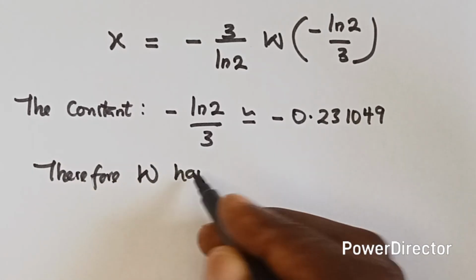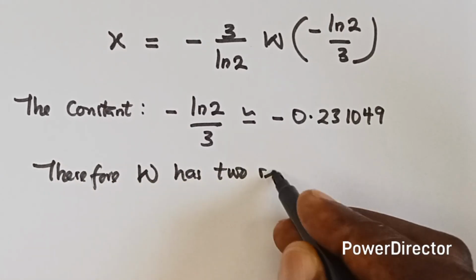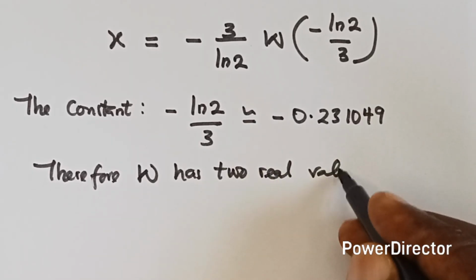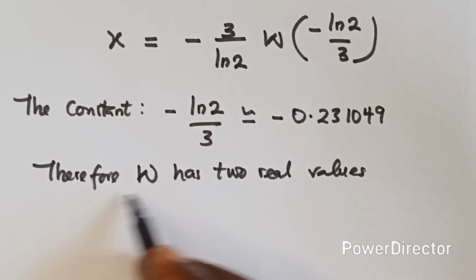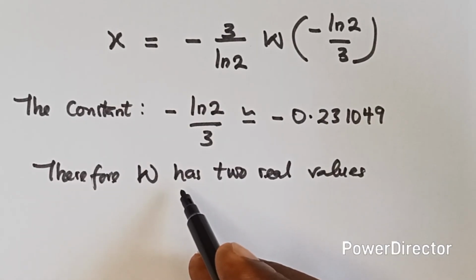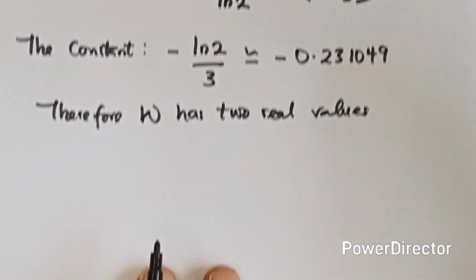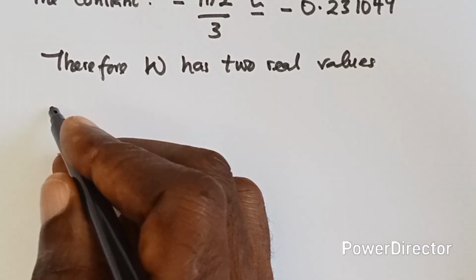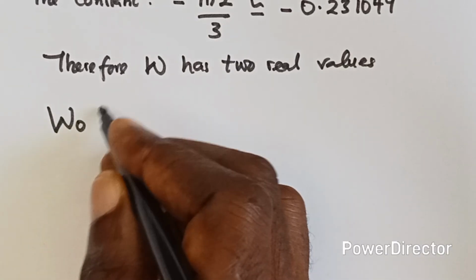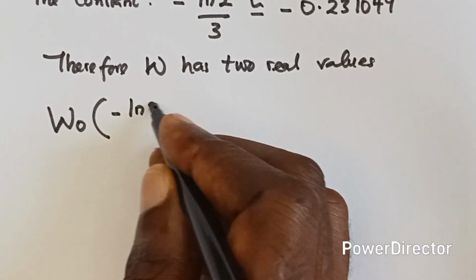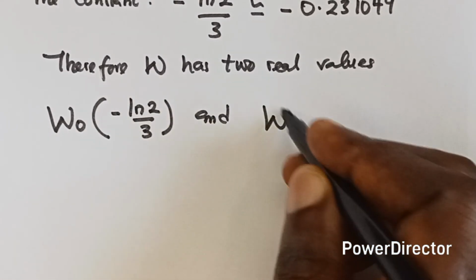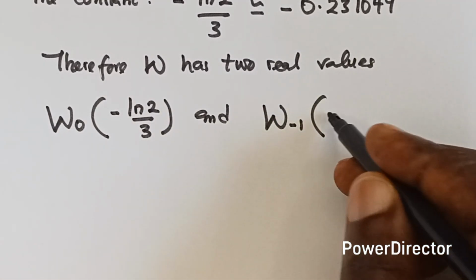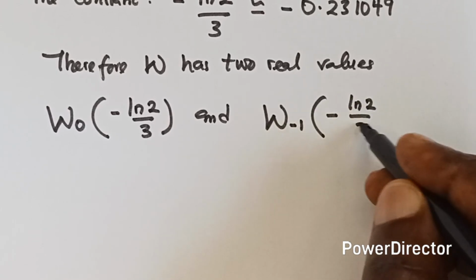W has two real values. Okay, so because this lies between minus 1 and 0, we expect our W to have two real values. Now what are the real values? We have W0 of the constant, and then we have W minus 1 of the constant.